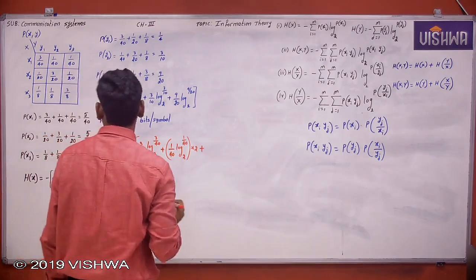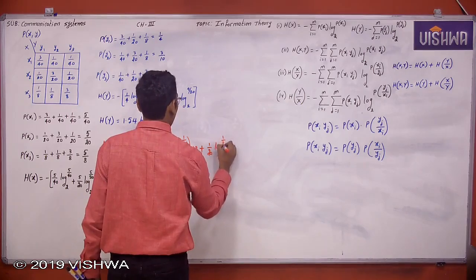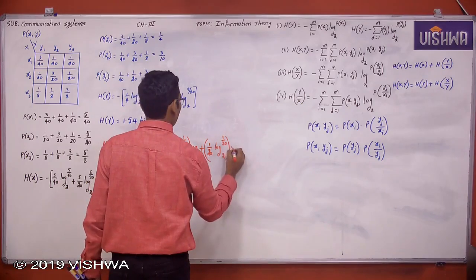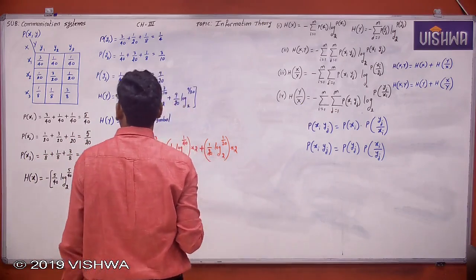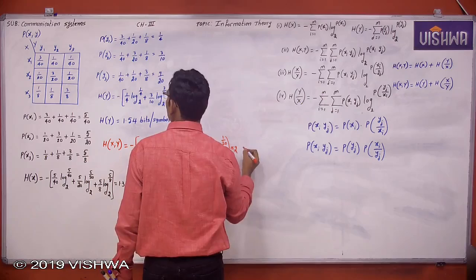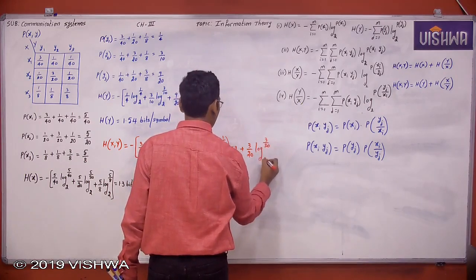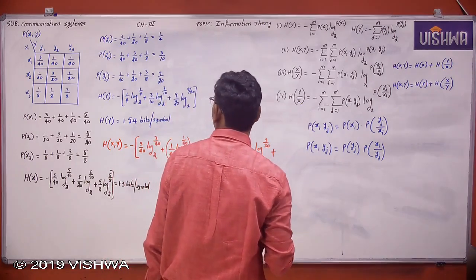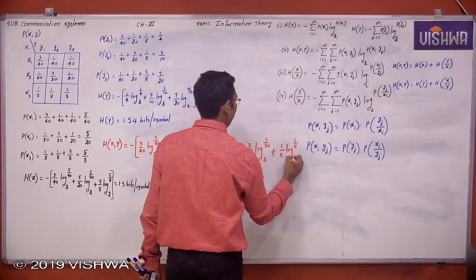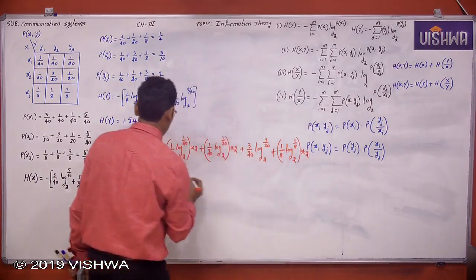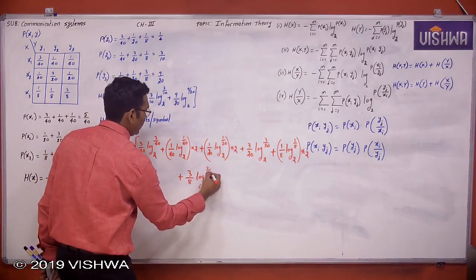plus 1 by 20 log 1 by 20 base 2 multiplied with 2 plus 3/20 log 3/20 base 2 plus 1/8 log 1/8 base 2 multiplied with 2 plus 3/8 log 3/8 base 2.